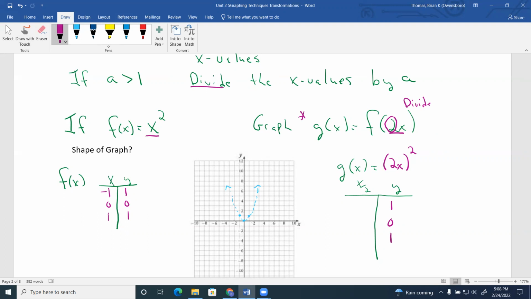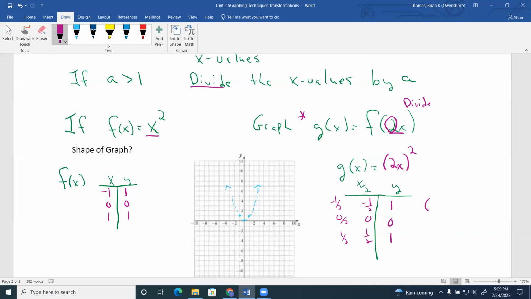So notice how things are backwards when you talk about x's. So that -1, we'd be dividing it by 2, and that would give me this -1/2. 0 divided by 2 would still just be 0. And 1 divided by 2 would just be this 1/2.